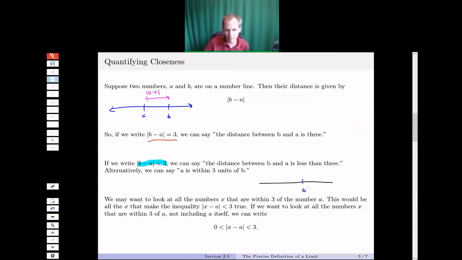So maybe here's my number B, and I can say, all right, go out a distance of 3 units. Okay, so if I know that the distance between A and B is less than 3, then I know that A lives somewhere inside here.